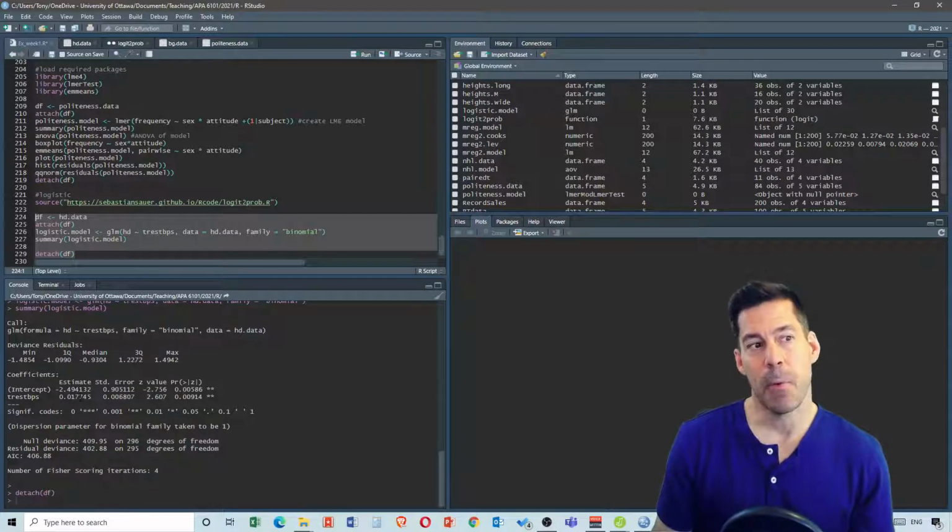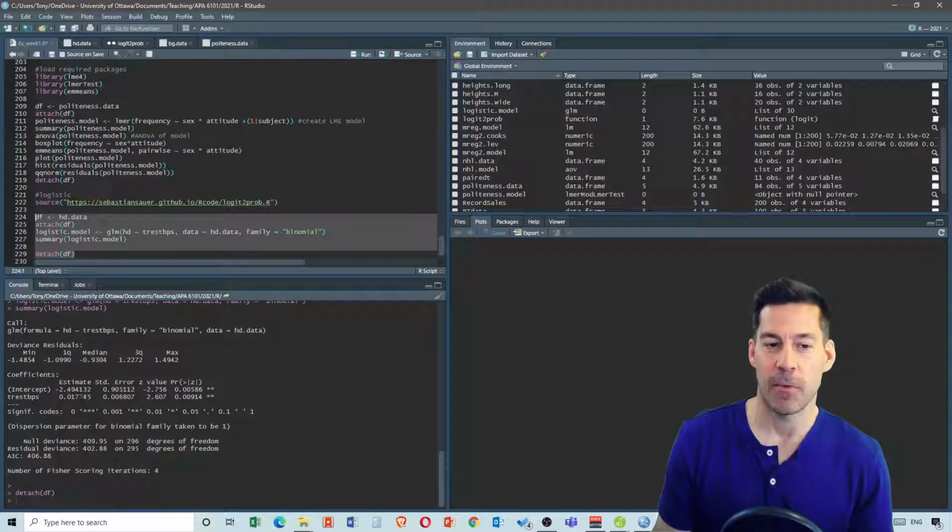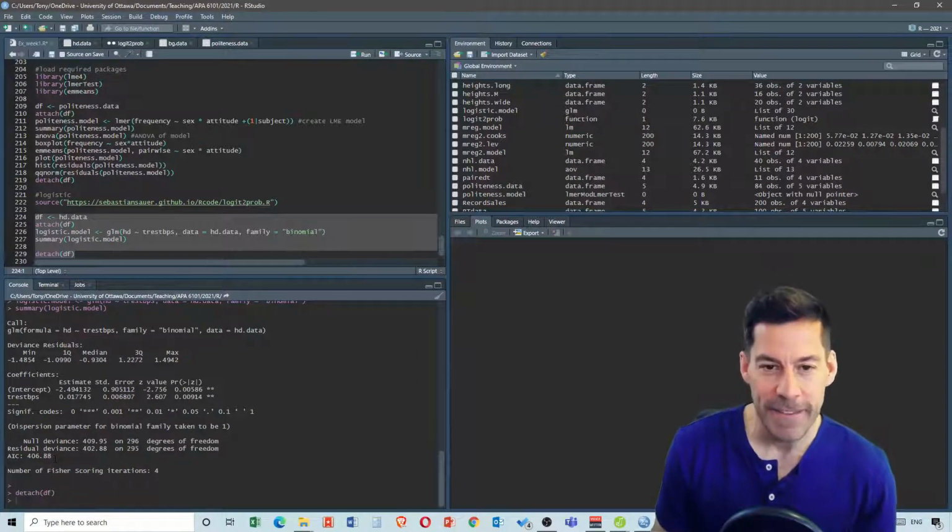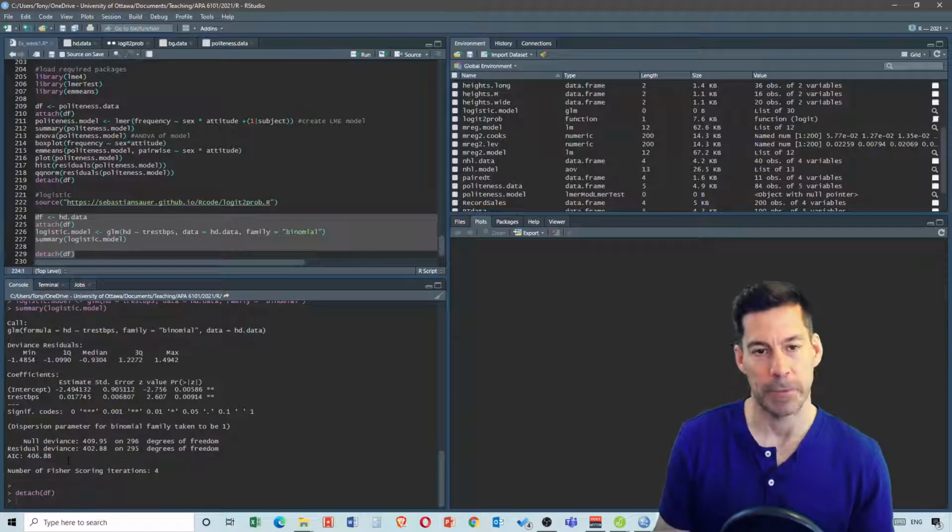That's a 0.017 log odds increase with each increase in resting blood pressure from negative 2.49 log odds. Now, we also have an AIC, given as 406.88, and that's the same thing we saw in the other programs. Okay, so far so good.